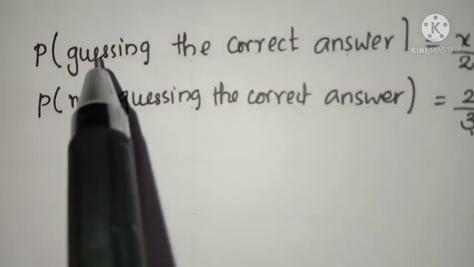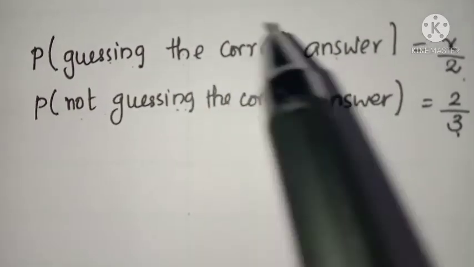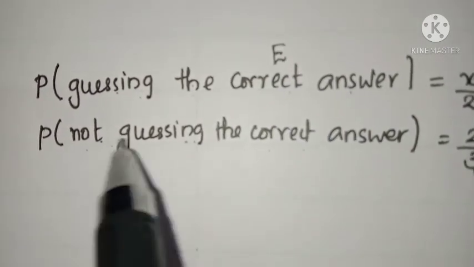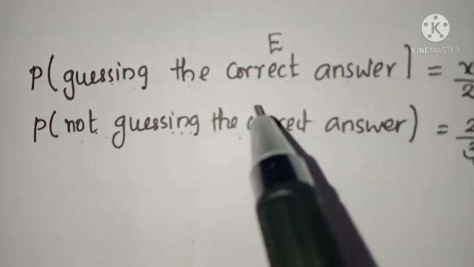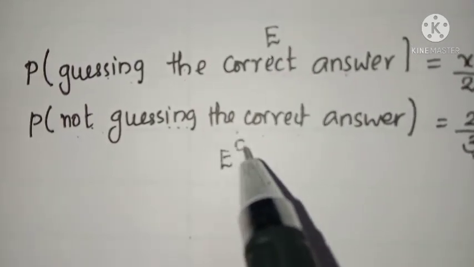Suppose guessing the correct answer is an event E. So what is not guessing the correct answer? It is the complement of the event E, that is E complement.